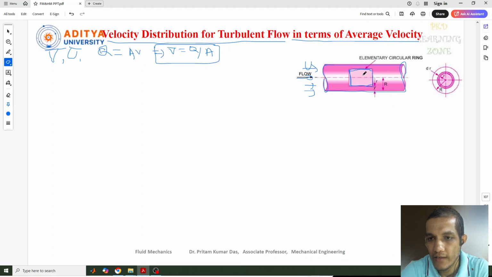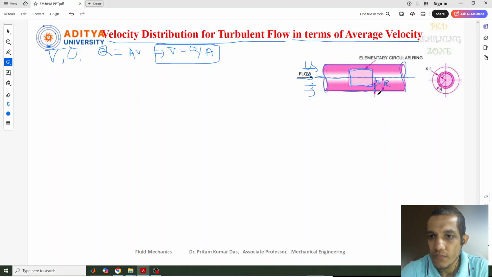Though it is showing like a rectangular shape, it is a circular ring. This is the center line of the pipe, with a radius of R, and the circular ring is placed at a distance of y from the wall of the pipe, and situated at a distance of small r.